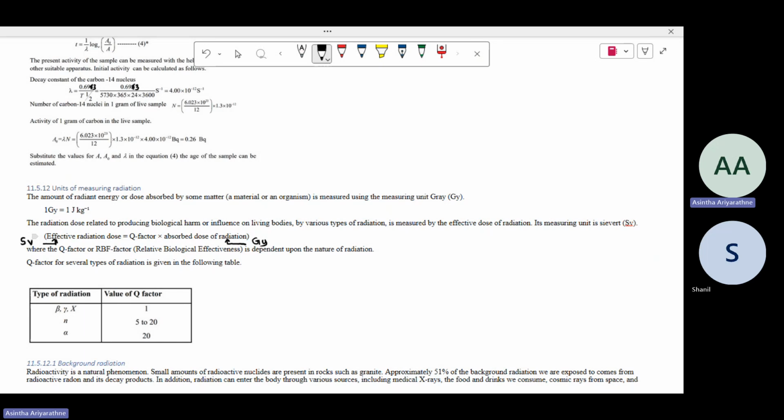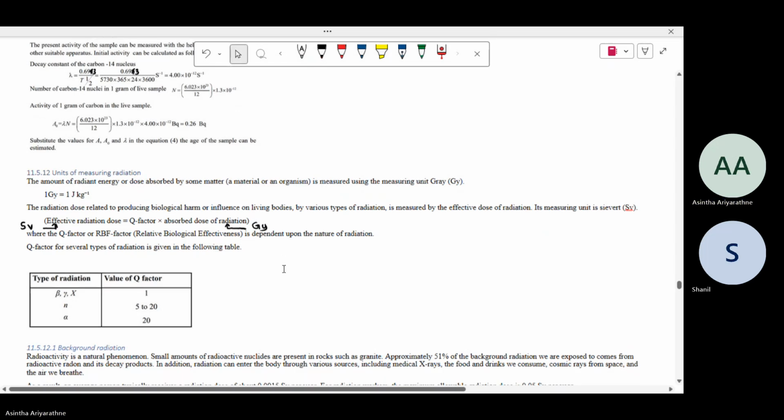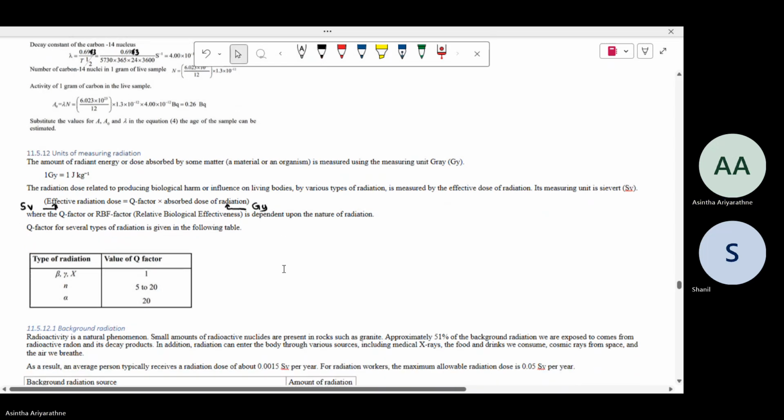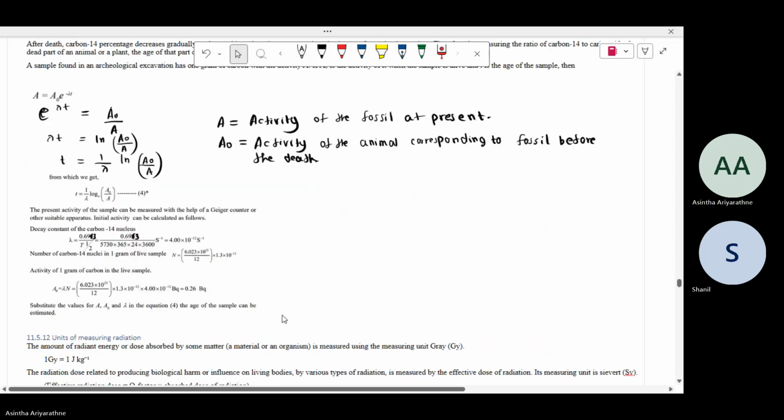That is the Q factor. It is called the effective radiation dose, equal to the Q factor times the total absorbed dose of radiation. Did you take this part?